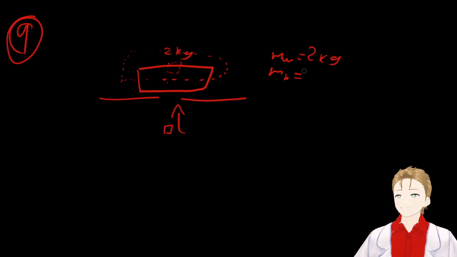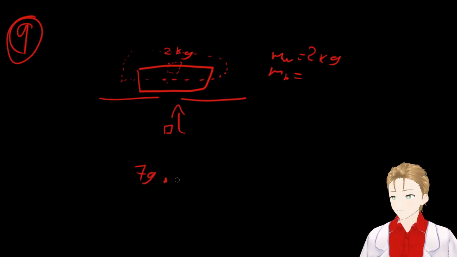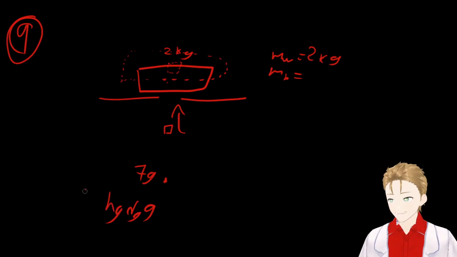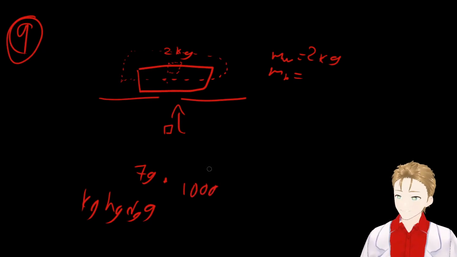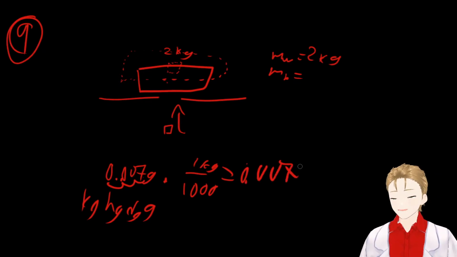I mean, it's 7 grams. 7 g times, kg, hg, dag, g. So 1 kg equals... no, it's 0.7, right?